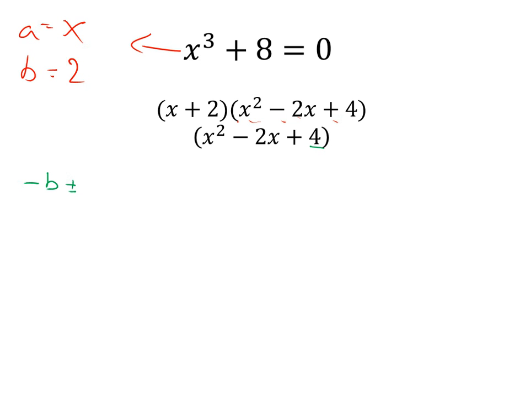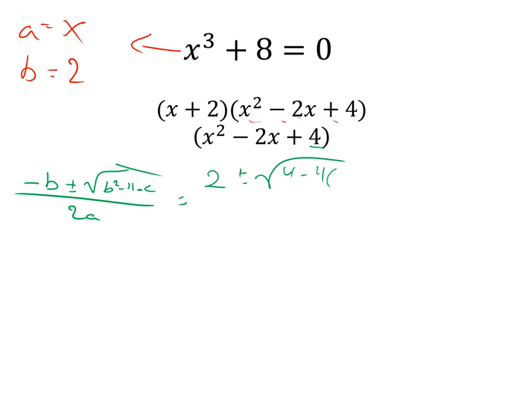Negative b plus or minus the square root of b squared minus 4ac all over 2a. So we'll plug in the negative 2, so that would be a 2 plus or minus the square root of 4 minus 4 times 1 times 4, which would be 16, all over 2.